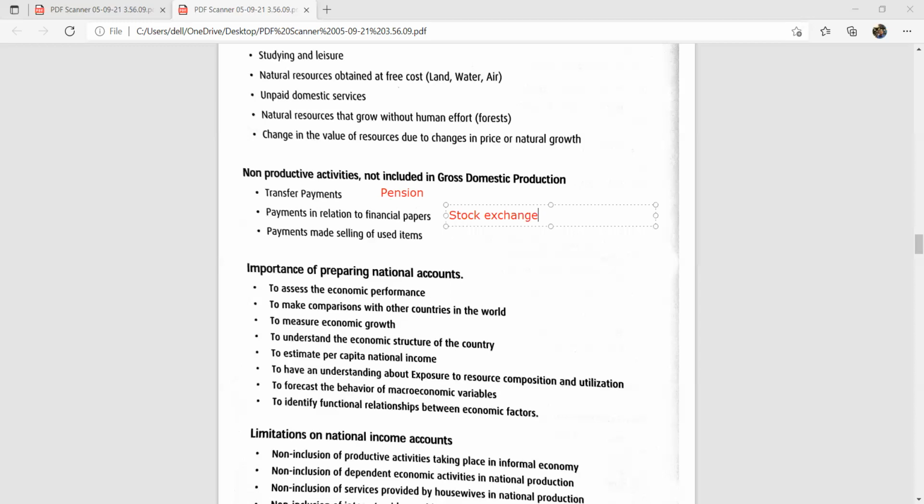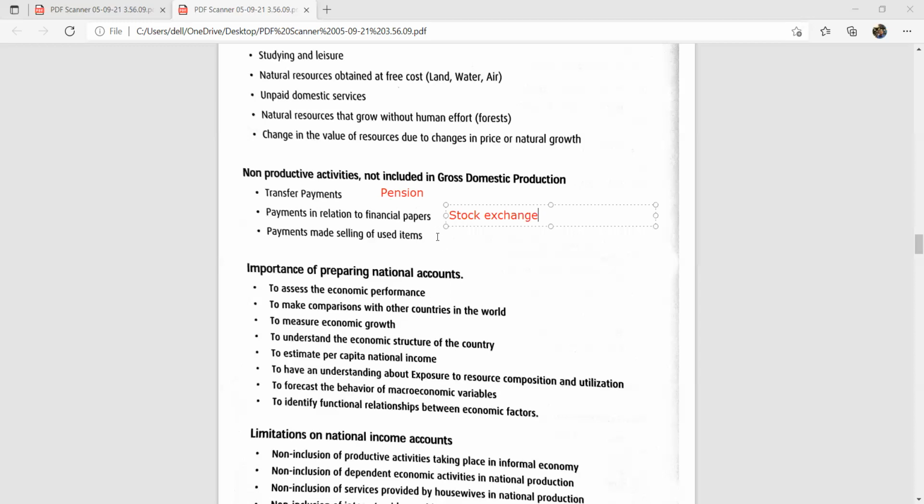Therefore, all the financial transactions are not included in GDP. Sometimes treasury bills, treasury bonds, and other securities can also be traded at the stock exchange, even that is not included in national accounts.